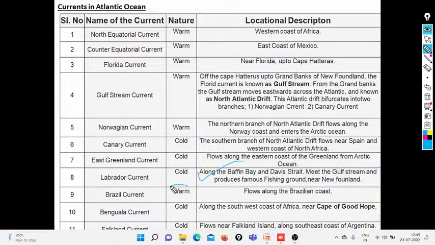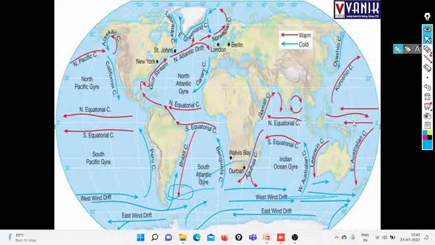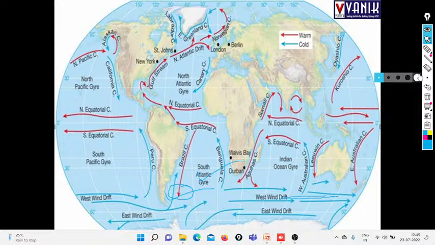Then there is the Brazil current. It is by nature a warm current. It flows along the Brazil coast. Just look here, this map has more clarity, because in the South Atlantic Ocean, the Brazil current is here.